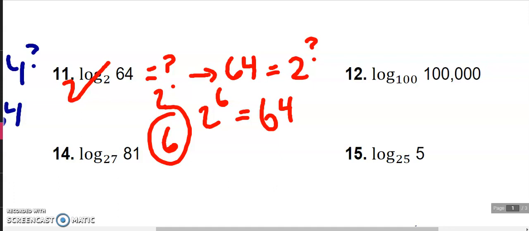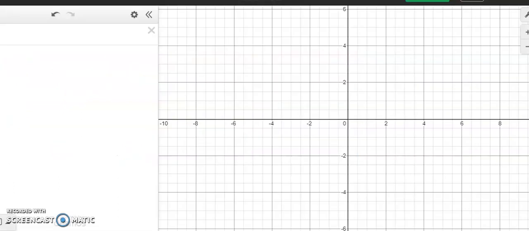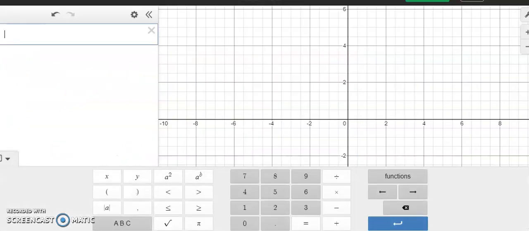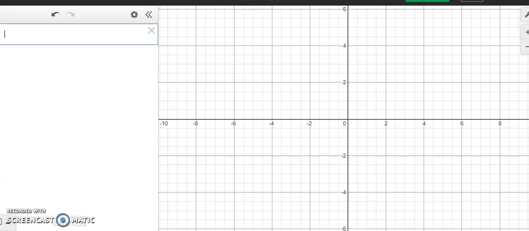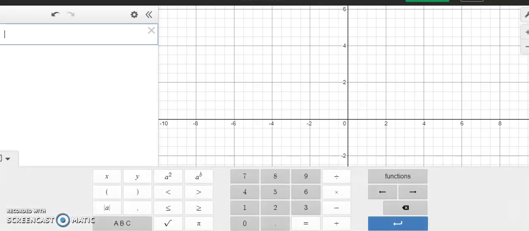Now, most calculators will evaluate logs for you. And if you're going to use Desmos or a calculator, you just need to know where to find it. So in Desmos, if I go and type in the bar on the left, and notice there's a little keyboard button on the bottom left corner. When I click on that, it'll bring up the number pad.